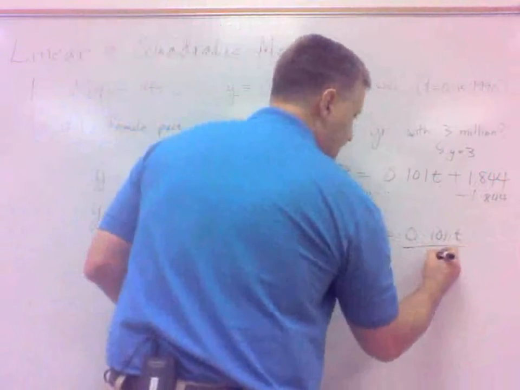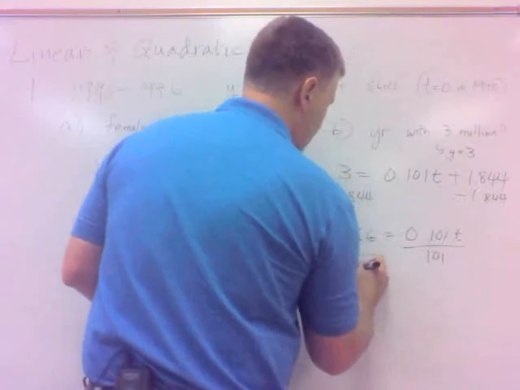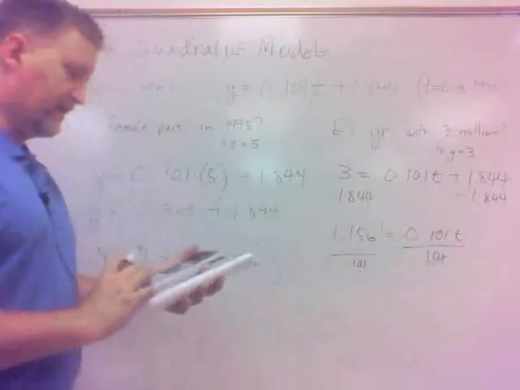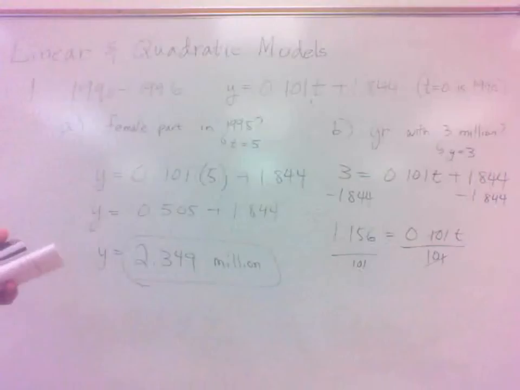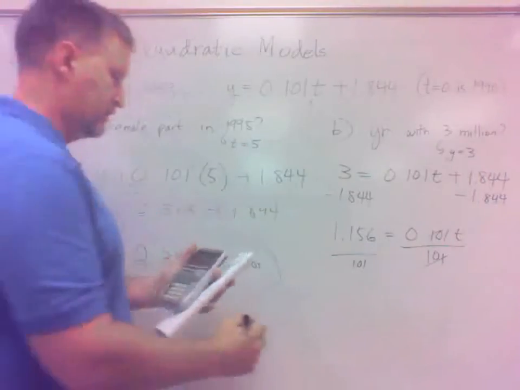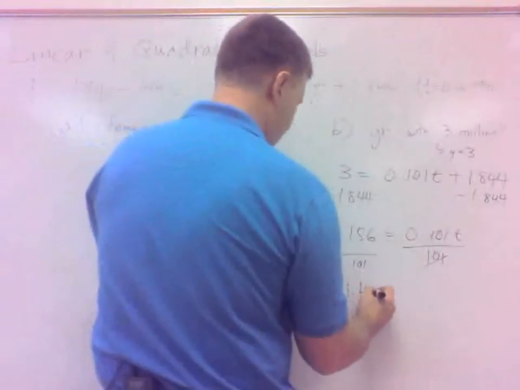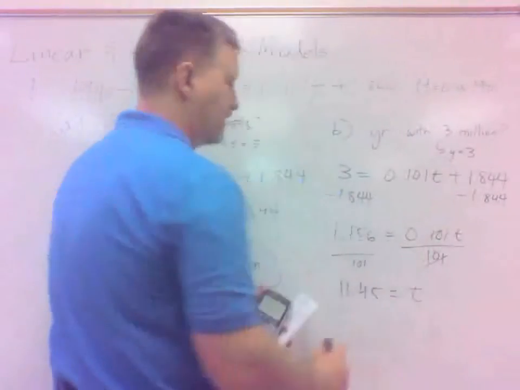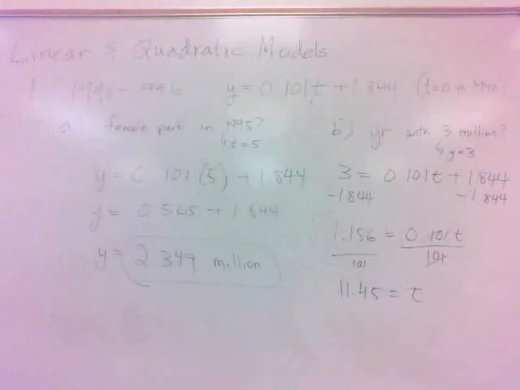Divide off the 0.101 to get the t by itself, and that gives me 11.45, roundabouts.